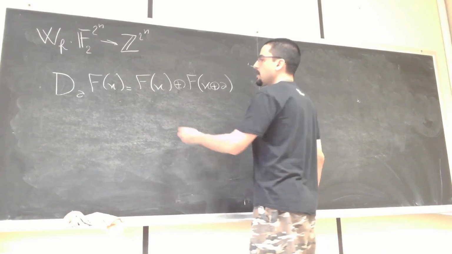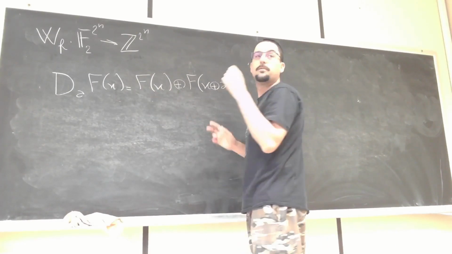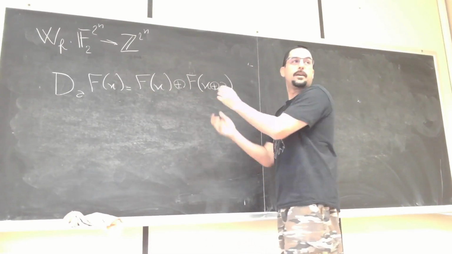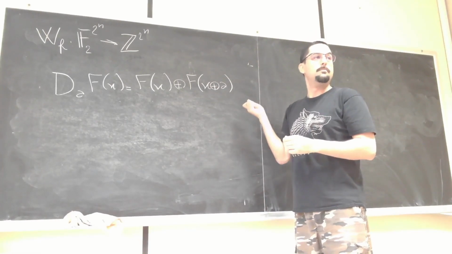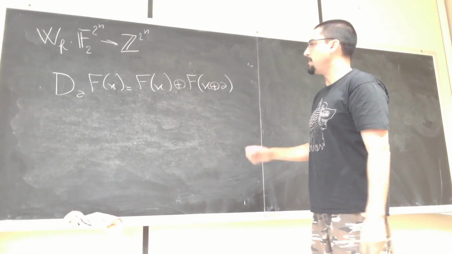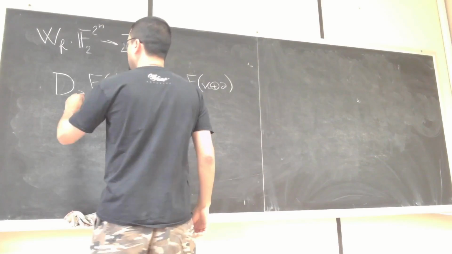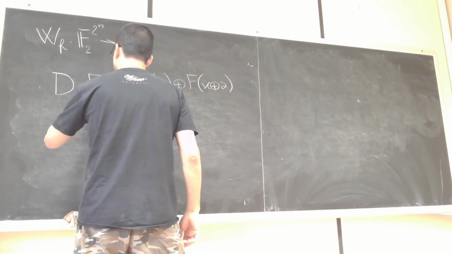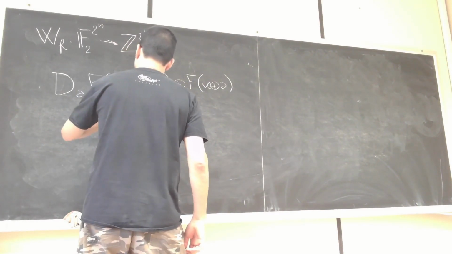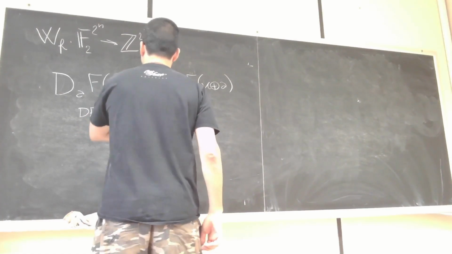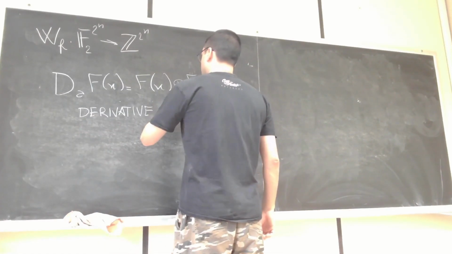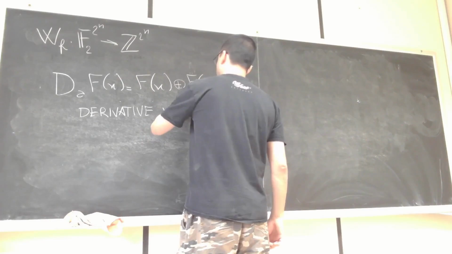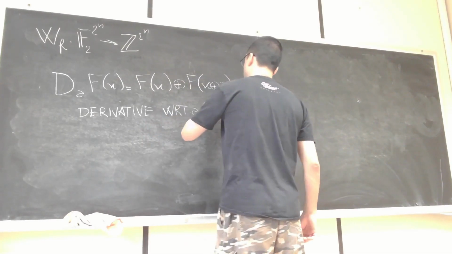So we are computing the XOR between the original vector x and the vector that is shifted a bit by a. So this would be the formal derivative of Boolean functions, the derivative with respect to vector a.